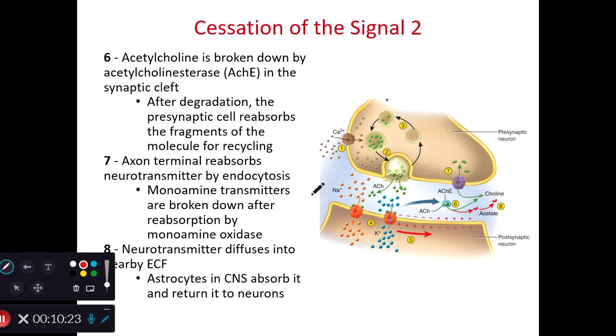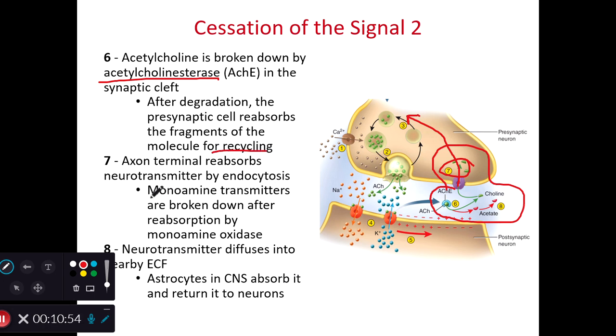Let's talk about it in more detail right now. Steps 6, 7, 8: processing that acetylcholine. Let's go back to this stage right here. That acetylcholine would be broken down by an enzyme called acetylcholinesterase. Acetylcholinesterase is then going to send the choline to receptors on the presynaptic neuron so that the choline can be reabsorbed and recycled and turned into more ACh.